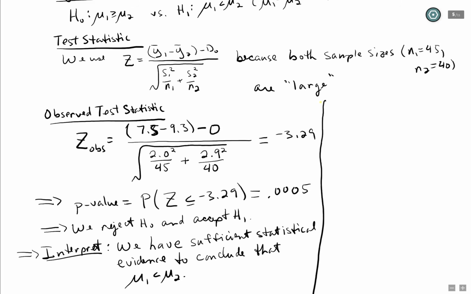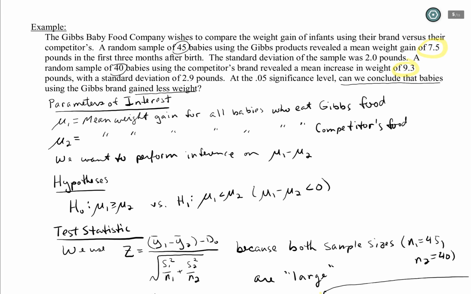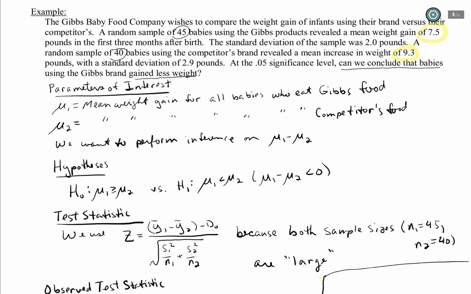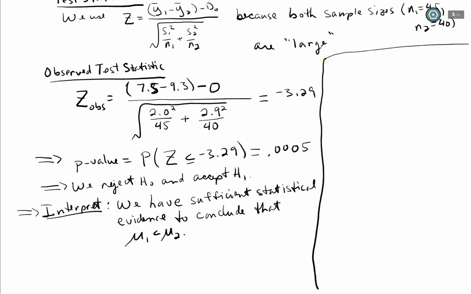I've got a little space in here, so I want to also compute a corresponding confidence interval. Let's just do, say, a 95% confidence interval for mu1 minus mu2.